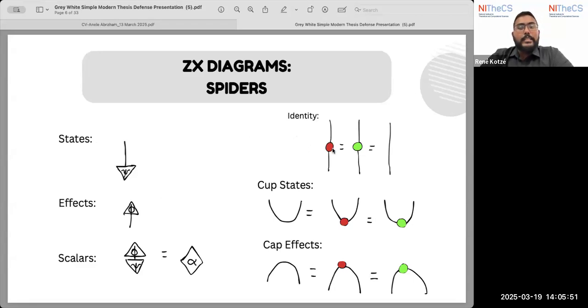We also have these special spiders here, so a red or green spider with one wire going in and one wire going out. And these correspond to the identity map, which we write as simply an empty wire like this. We also have these cup states. So last week, I explained them in terms of string.